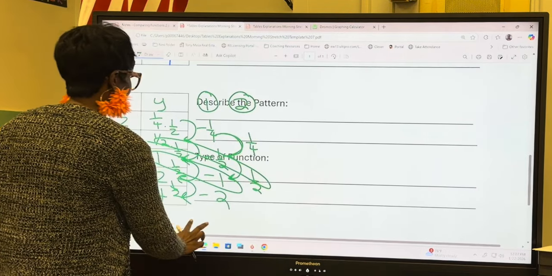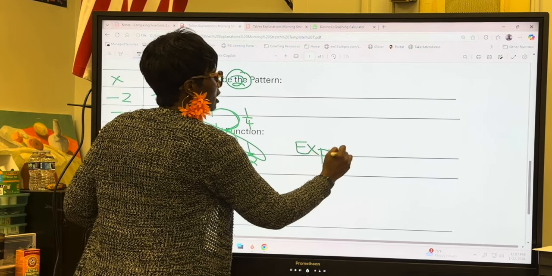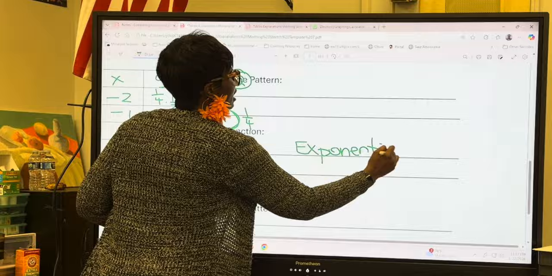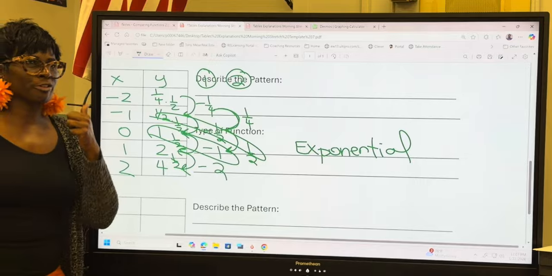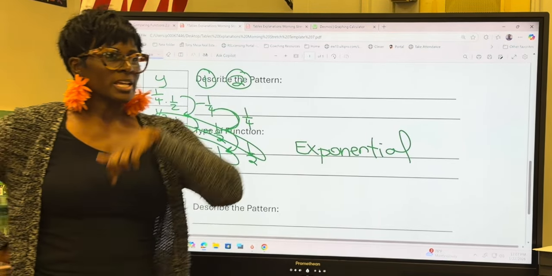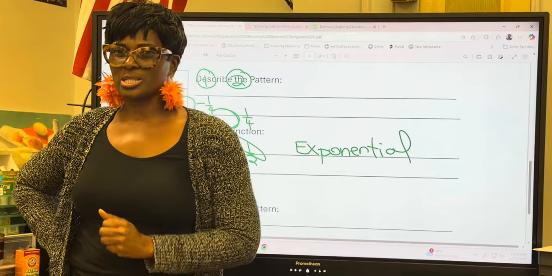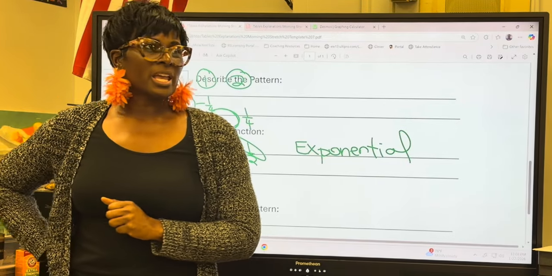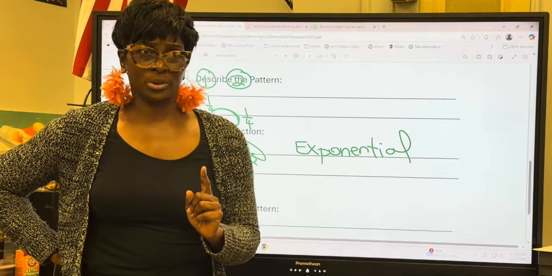So right here, type of function, exponential. Give me the key features that we notice about an exponential function. First of all, does it increase or decrease, or increase and decrease? It increase or decrease, but it don't do both. Are y'all with me?